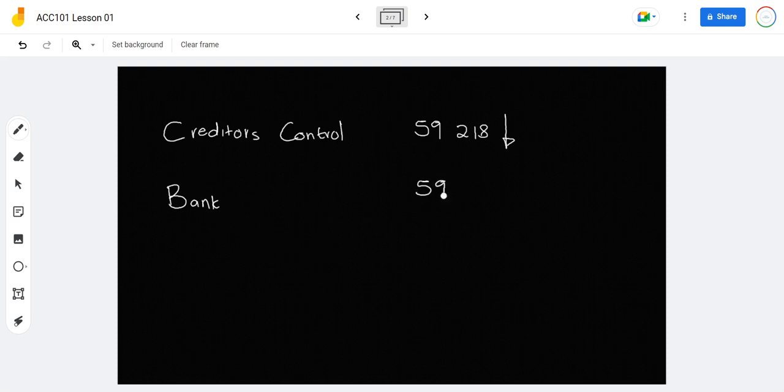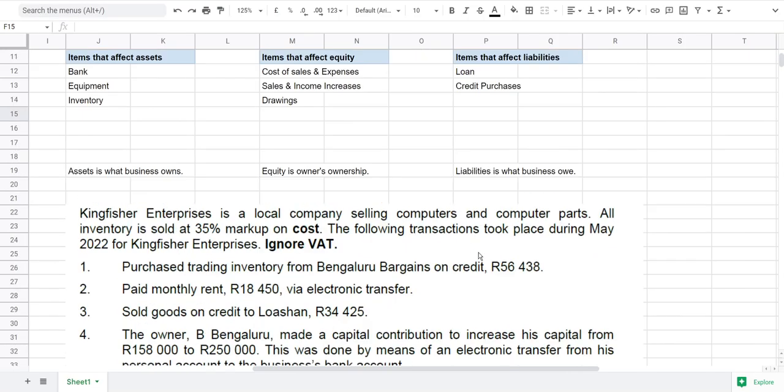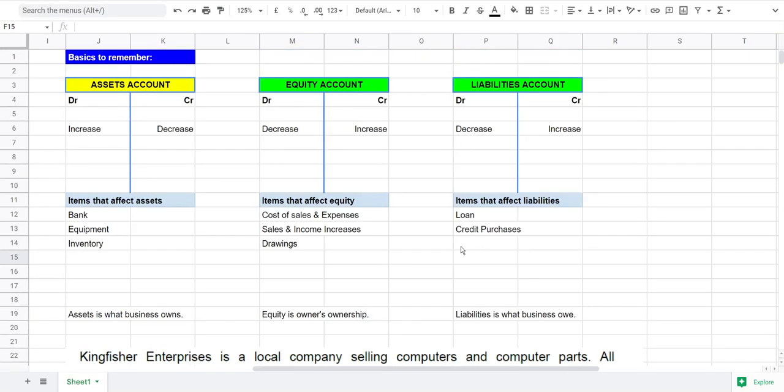How much is going to leave? 59,218. Remember, bank decreases on the credit side. And creditors control decreases on the debit side, because it is a liability. Liabilities decrease on the debit side, and the bank decreases on the credit side.